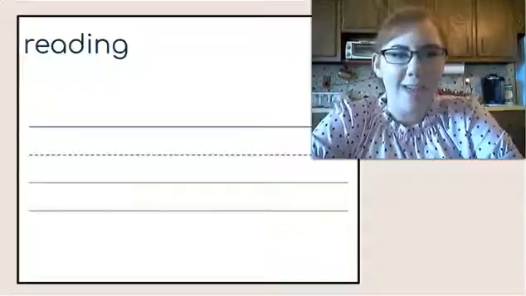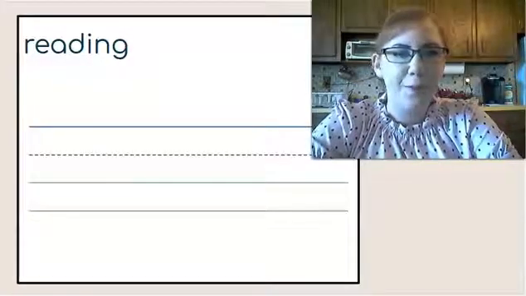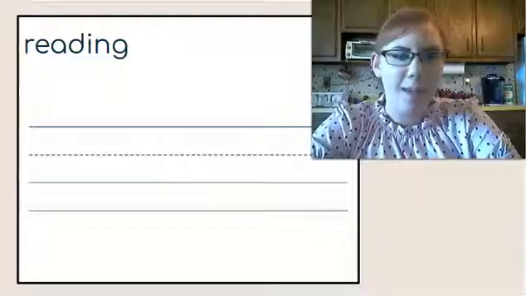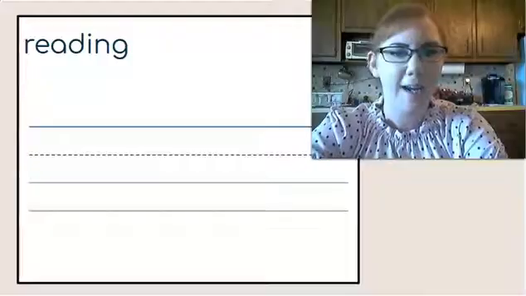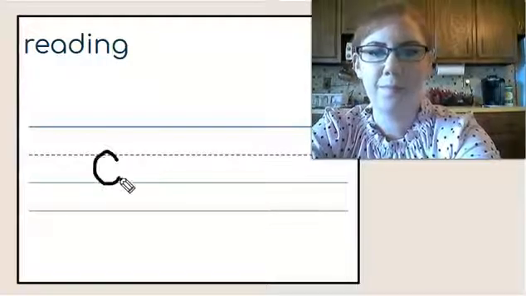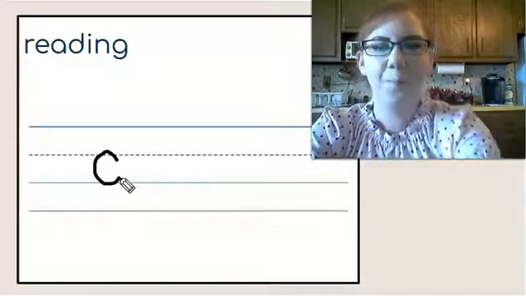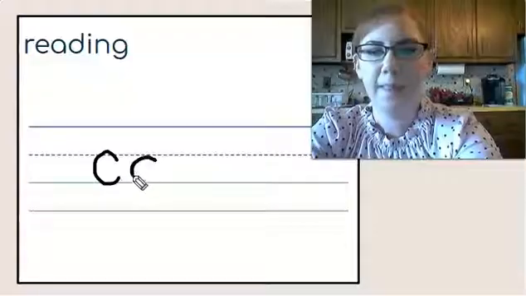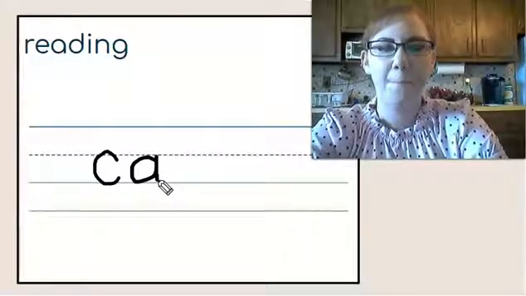Before we finish skills today, I want to practice making some words. The first word I want to make is the word cap. First, I need k, k. Next, I need a. And the last sound is p, p.